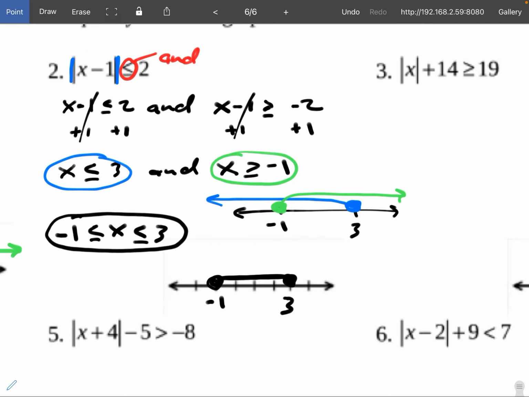So that means our solution would include the -1 and the 3. So yeah, you do need the equal to bars on this one. So that's your solution right there. And then your graph is right here. And then how do we check our answers for this stuff? Anybody got an idea on that?